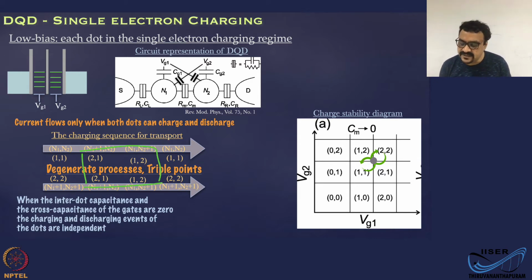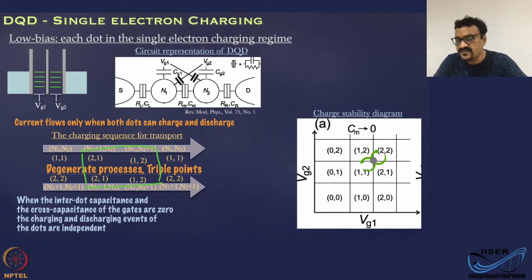In this special case, we are going to look at how the charge transport diagram, that is called the stability diagram, is going to look. The stability diagram for a double quantum dot is slightly different from a single quantum dot, because now we have three voltages to worry about.